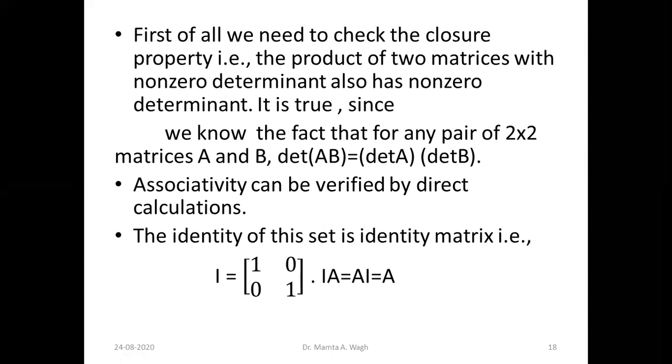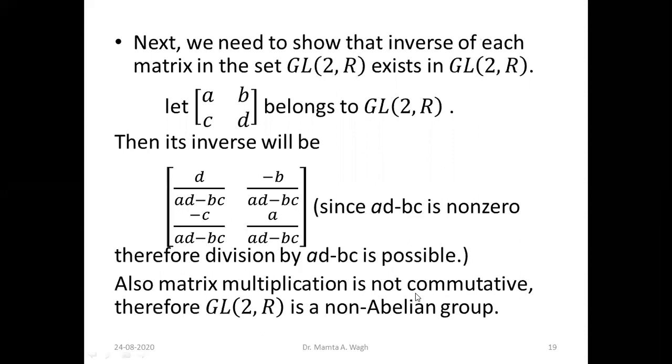Next is the identity element. The operation is multiplication, so the multiplicative identity is the identity matrix 1 0 0 1. So I times A and A times I will be your A matrix. Next is the existence of inverse. We need to show that the inverse of each matrix in the set GL2R exists in GL2R. So you take any matrix A, B, C, D in this set; what will be the inverse?